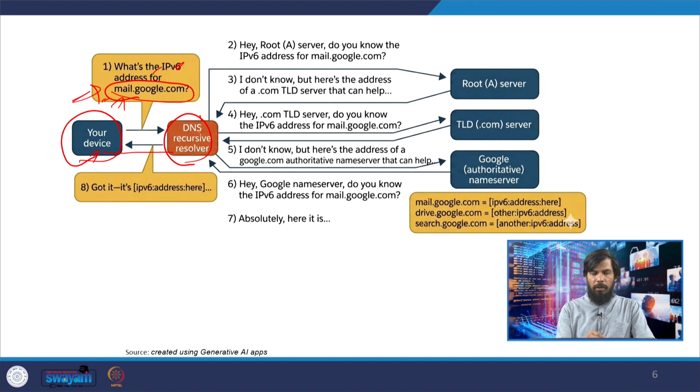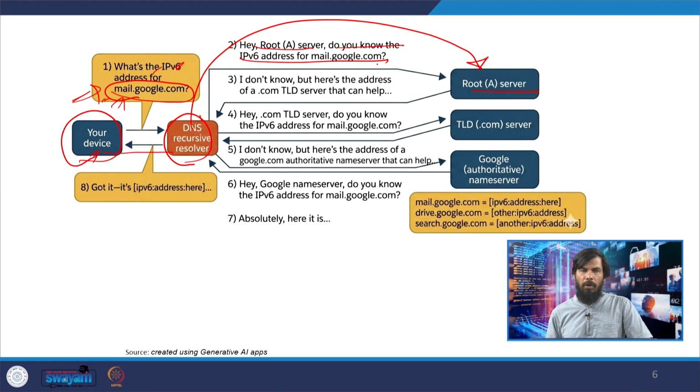It will contact the root server like we talked about. So, there is a root server. So, hey root server, do you know the IPv6 address for mail.google.com? So, at a higher level this kind of communication is actually happening. Then the root server will not obviously have the exact IP address, but it will read the extension, that it is a .com.